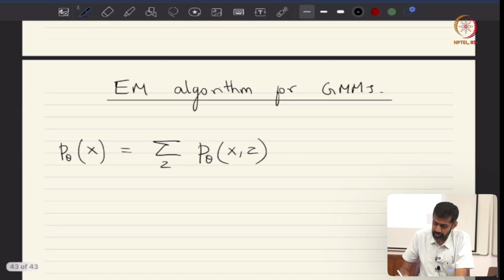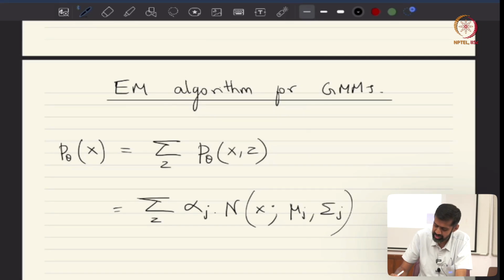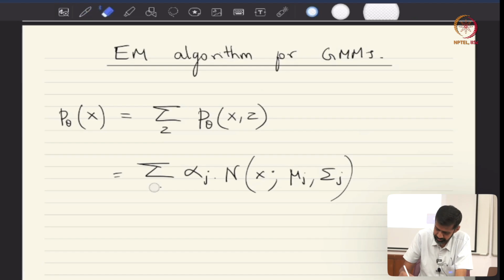Now in a GMM, how do you write this? You have this z. What is a GMM? It is some alpha j times a normal distribution, right? And we have mu j's and sigma j's, correct? This is what a GMM is. This is over j.